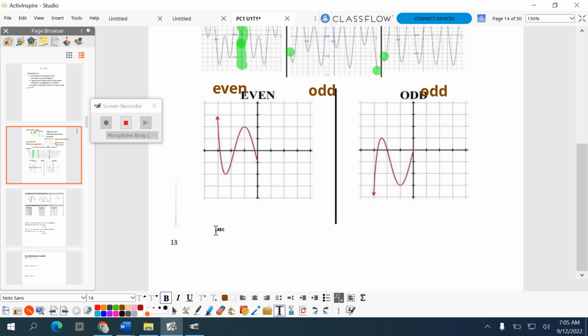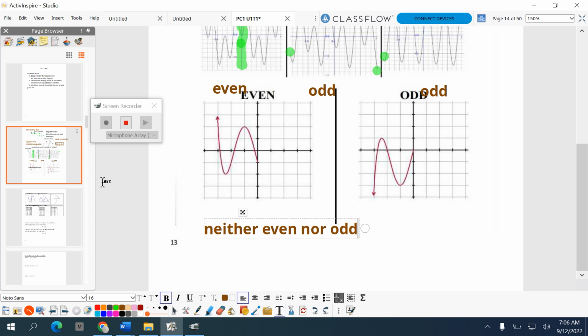However, this is neither even nor odd. In fact, the next one is neither even nor odd. They are labeled as such, but they're talking about something specific, algebraically related to the function is my assumption here. But just be careful with that.